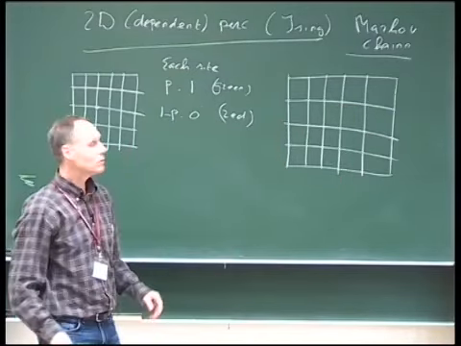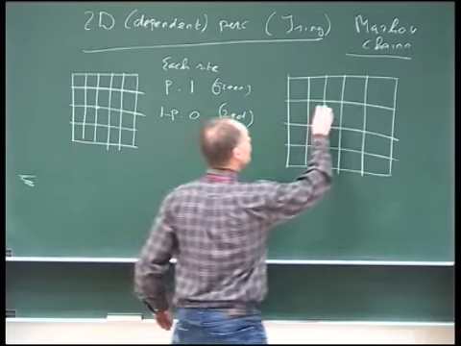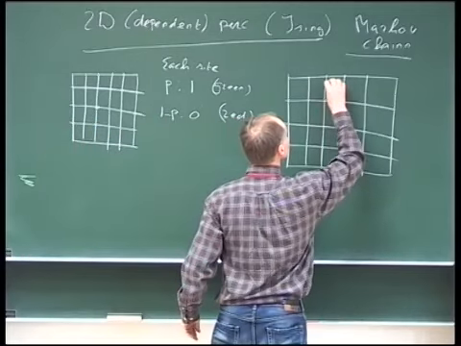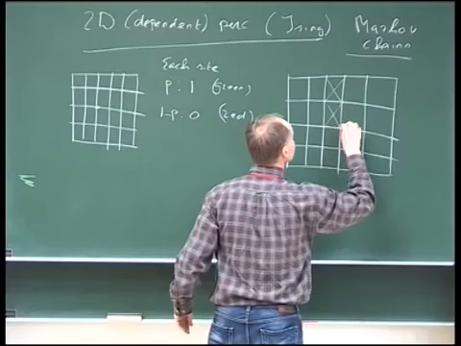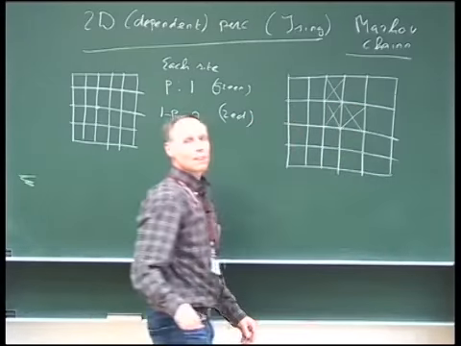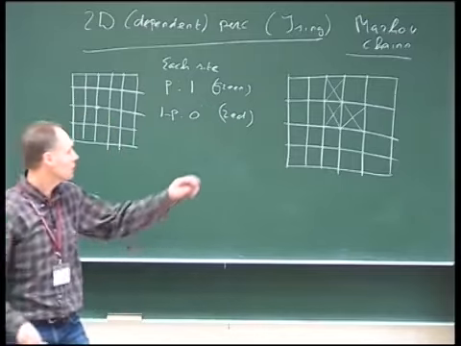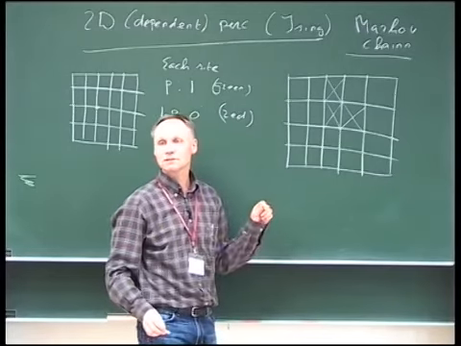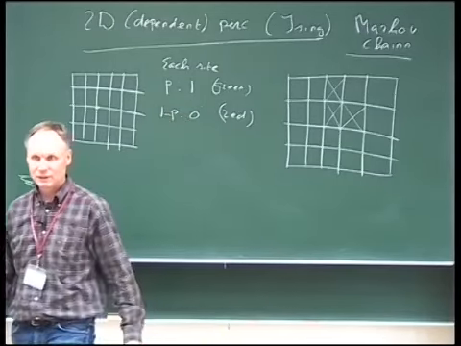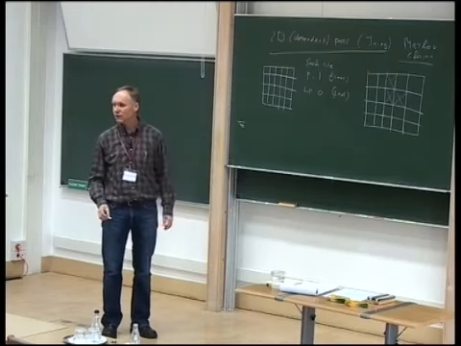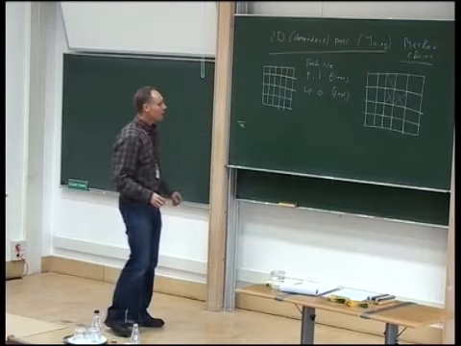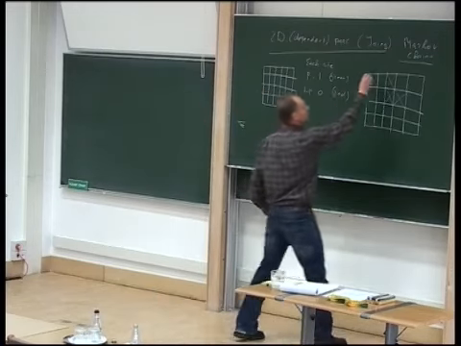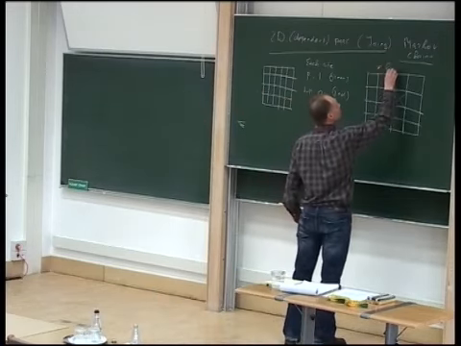Namely, you start with a square lattice, and then you simply add all the diagonals in the squares. You have the same number of vertices. These intersection points of the diagonals are not vertices. But now every vertex has 8 instead of 4 neighbors. And this is often called the star lattice of the square lattice.